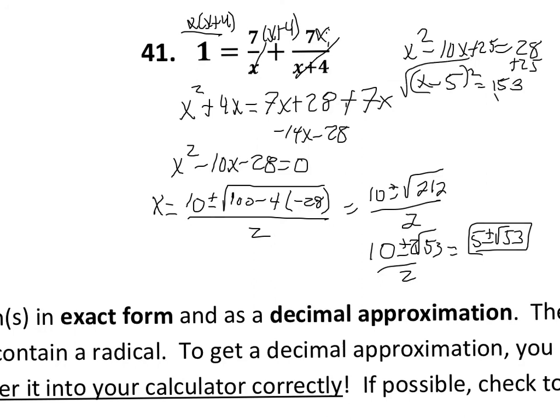Square root both sides. We get x minus 5 is plus or minus root 53, and then we add 5. So again, if the situation's right, completing the square really is pretty easy. But again, I leave it up to you. If you're good with the quadratic formula, go to your happy place, right?